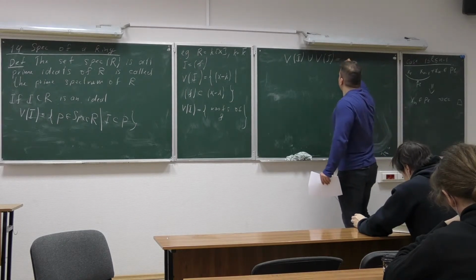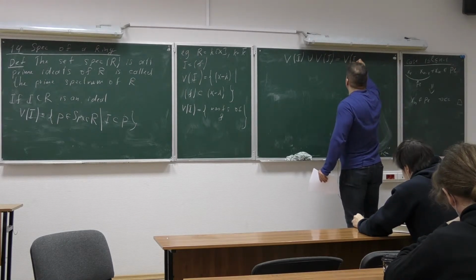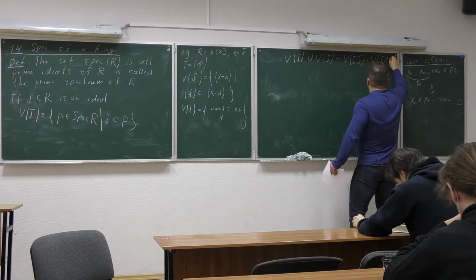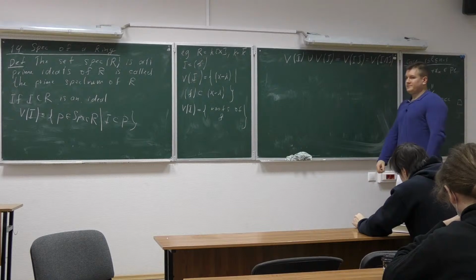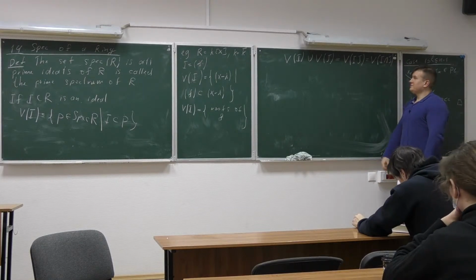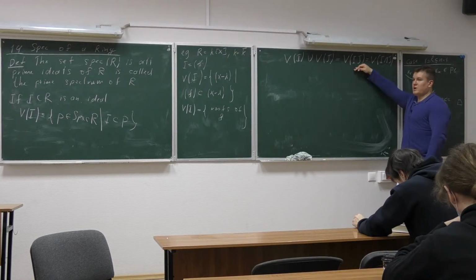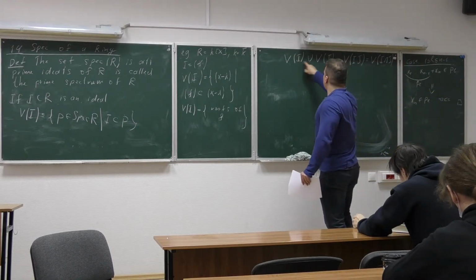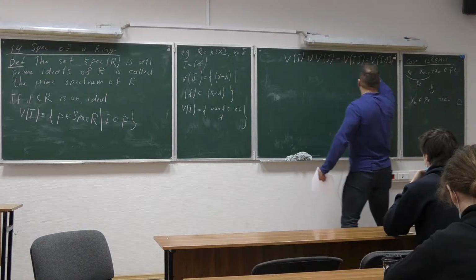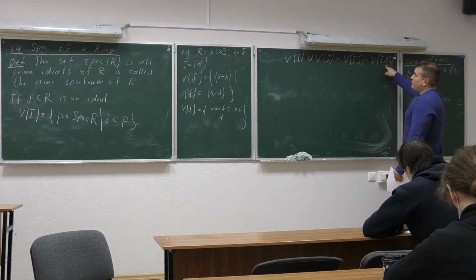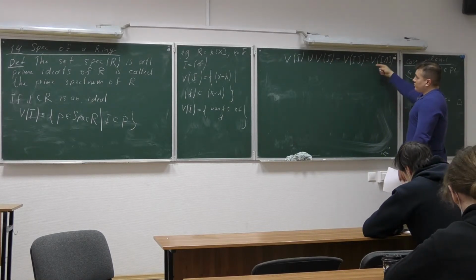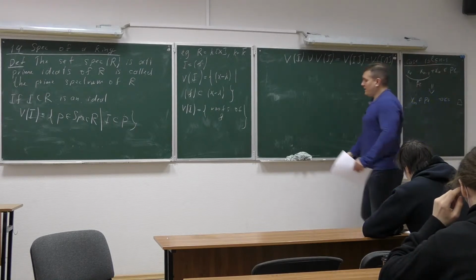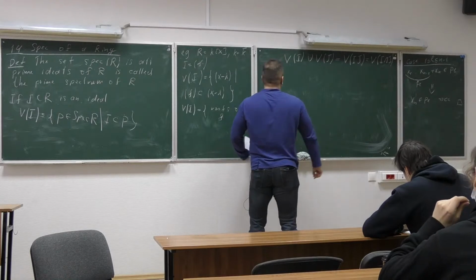I can say this is the same as the V of the product and the same as the V of the intersection. We already know this. That was problem 1 on the seminar. So if the union of two such sets is again a set of the same form, this will of course be true for finitely many unions. So these V's are closed under finitely many unions. Now let's try the intersections.